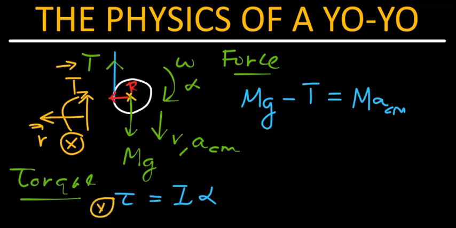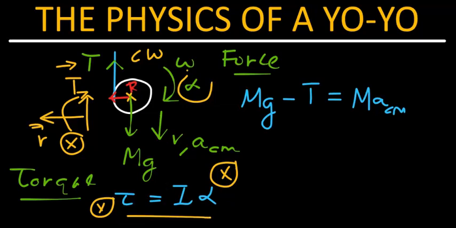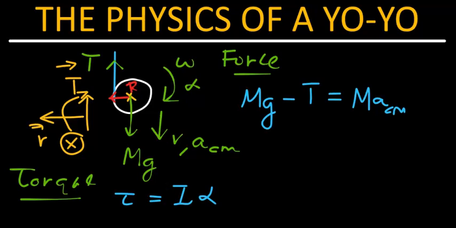We note that if the torque is going into the board, the angular acceleration must also go into the board. And since it is in a clockwise direction and it is speeding up as it's going down, we see that the direction of alpha, the angular acceleration, is also going into the board according to our earlier sign conventions. So they agree.